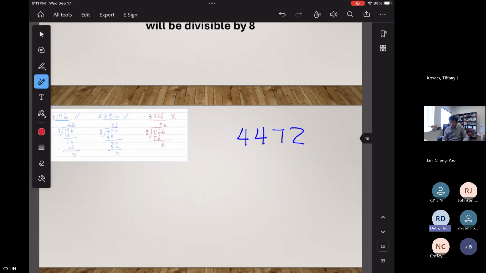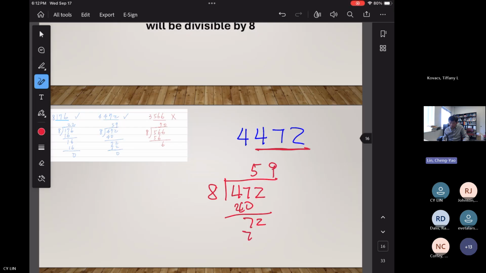So we take the last 3 digits, right? Try it, and divide it by 8. And get a 5, 40, 72. Yes. So yes for this.